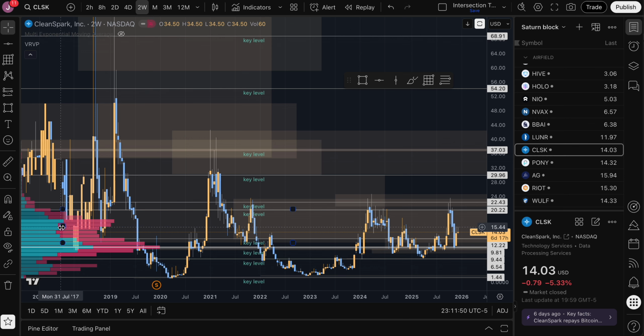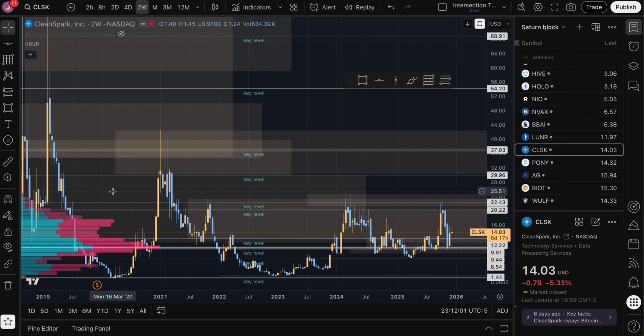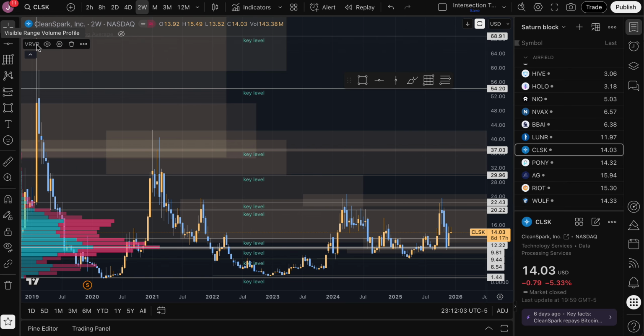This is a free indicator from TradingView. Why is it not giving me the volume? Oh, looks like we're having technical difficulties. Really weird.